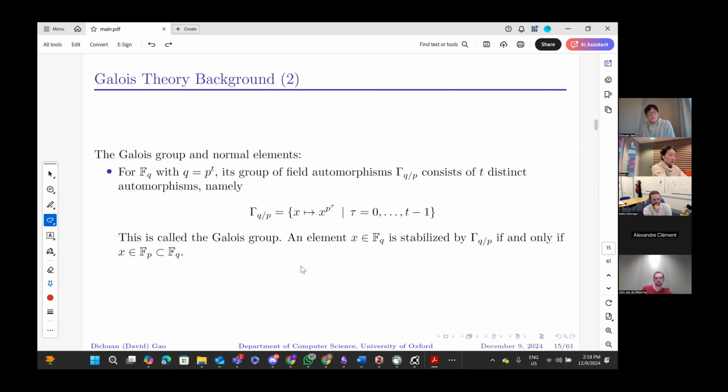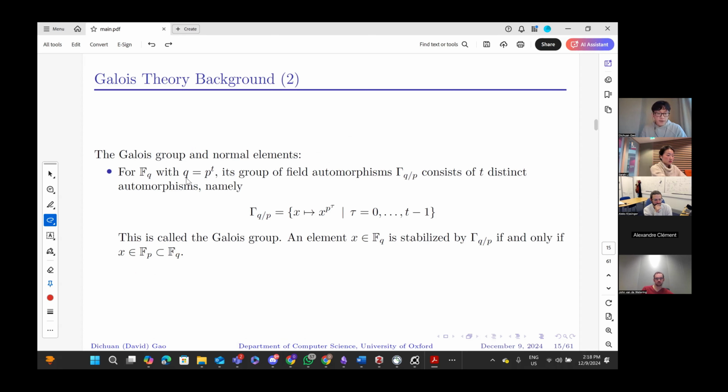On this finite field, we can define some simple machinery for doing Galois theory. So we begin by defining the Galois group, which is just the group of field automorphisms of this finite field.